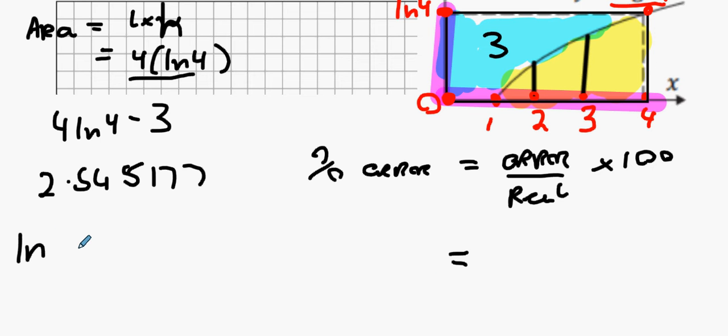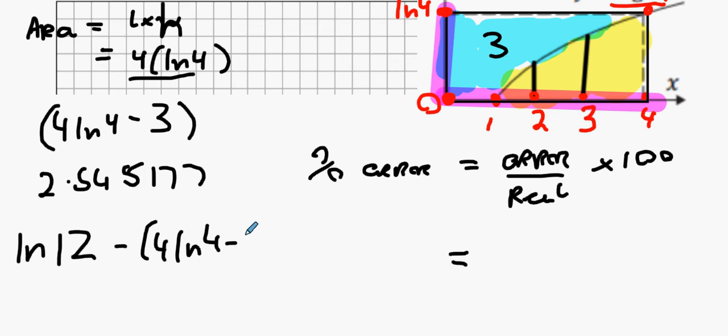You get ln 12, which was the answer of your first part, and you take away all of this here: ln 12 minus (4 ln 4 minus 3). The other area was smaller, okay? So it's 0.0603. Okay, and that's my error.